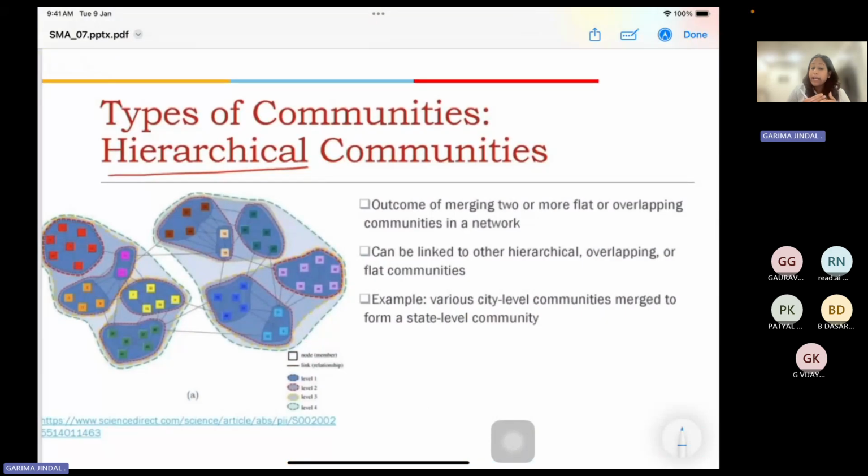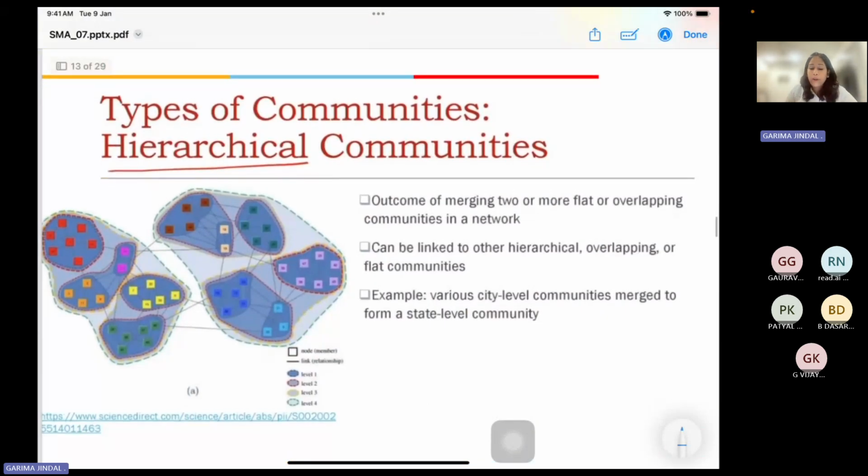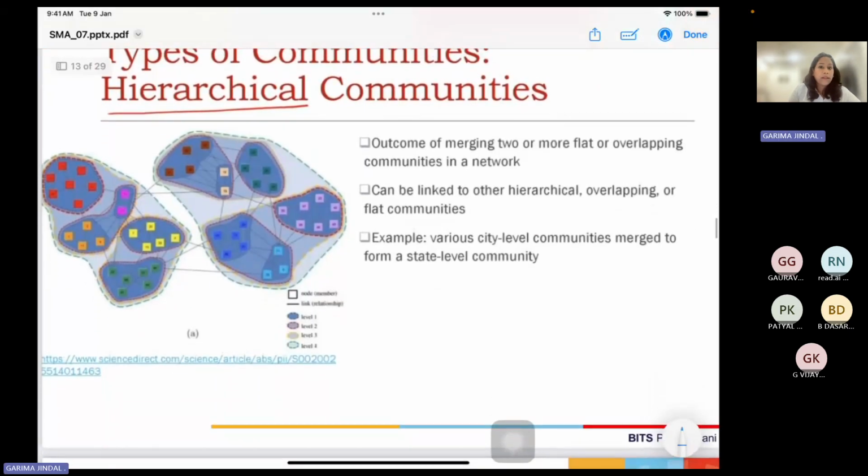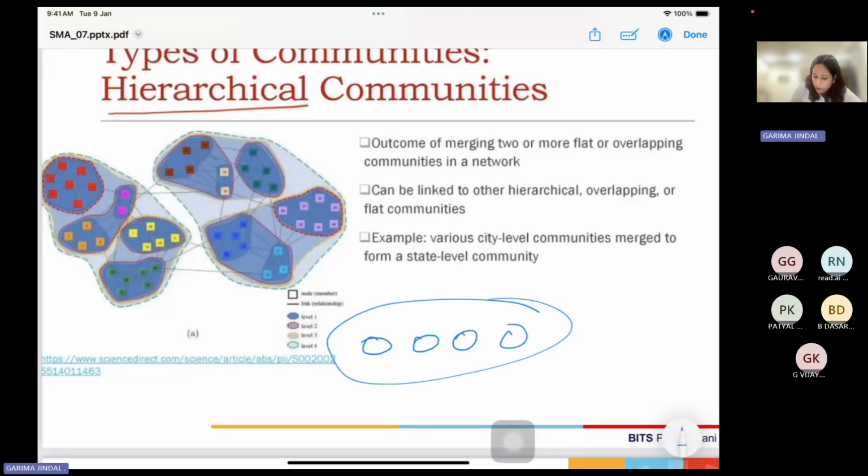Next come the hierarchical communities. What is an example of a hierarchical community? Let me take a university system. I might have students from first year, second year, third year, fourth year, and these students are from the CSE branch.